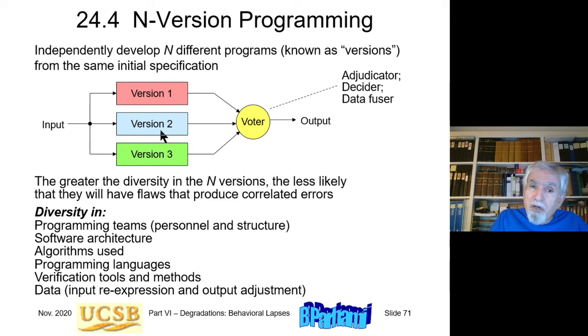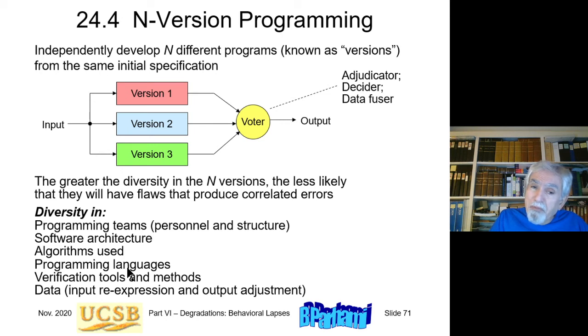Okay, so these are what are known as diverse versions of the software. They're not identical copies of the software, but they're diverse versions, and diversity can be in programming teams. Different programming teams implemented those versions, and the programming team can have obviously different personnel and different structure, different methods of software development. They can use different software architectures. They can use different algorithms. In fact, the less coordination between these 3 teams, the better, the more diverse the software becomes.